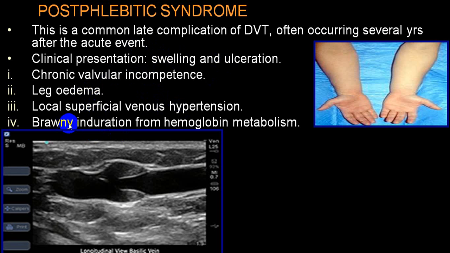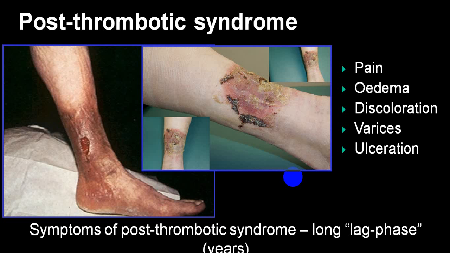There will be brownish induration from hemoglobin metabolism. That is why it is labeled as post-phlebitic syndrome. And there is another called post-thrombotic syndrome, where you will have pain, edema, discoloration, varices, and ulceration, following a long lag phase which can be in years.